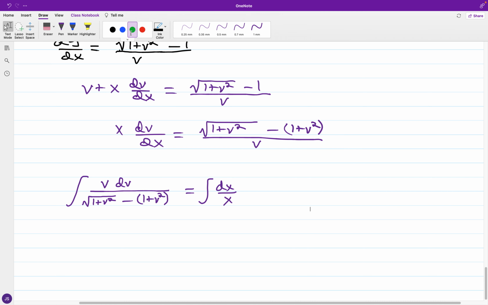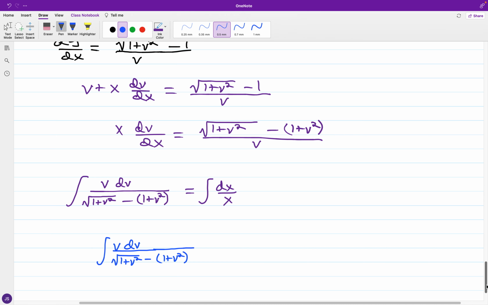And looking at what we have here, v dv all over the square root of 1 plus v squared minus the quantity of 1 plus v squared.